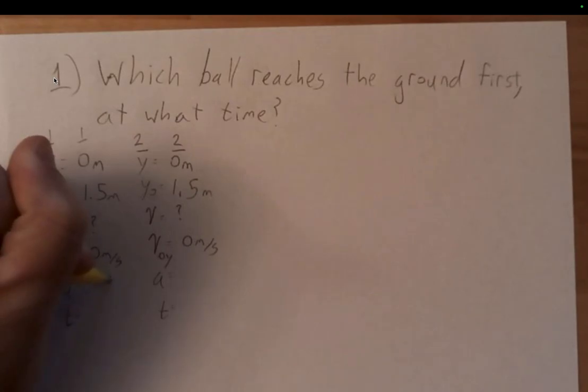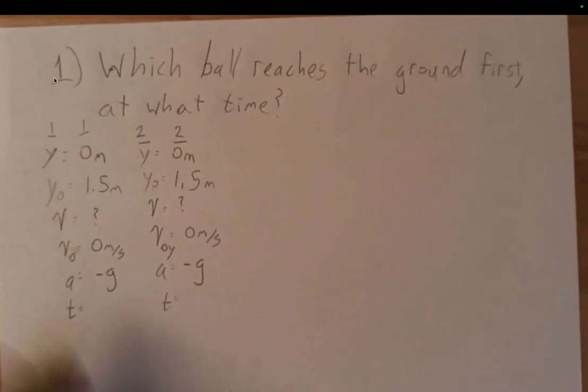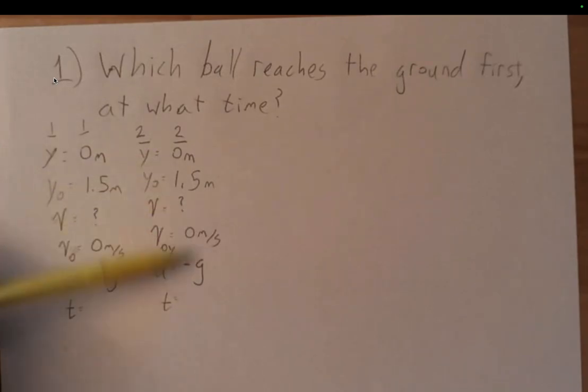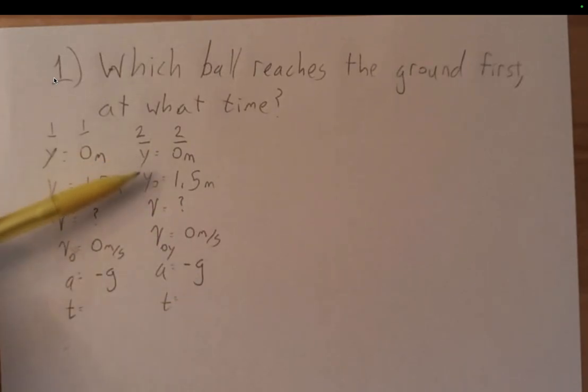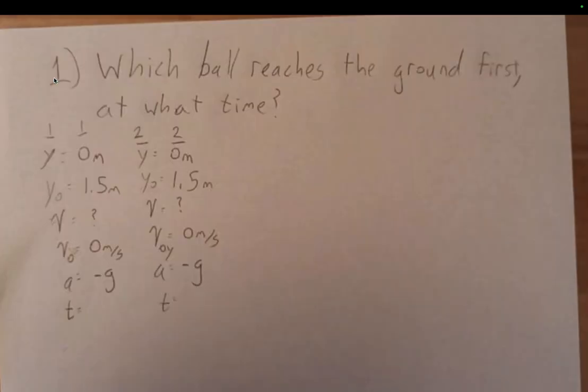That's that negative g. And then the time, well, this is what we're trying to find. Well, we all have the same inputs here, so the same parts. So we can already tell that the ball that reaches the ground first is going to be both. So both experiment 1 and experiment 2 are going to hit at the same time.